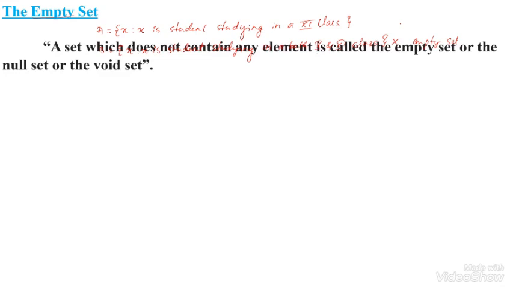These three words are similar. They may call it a null set, an empty set, or a void set. These three names are synonyms of the empty set. Now, let us discuss the examples one by one.